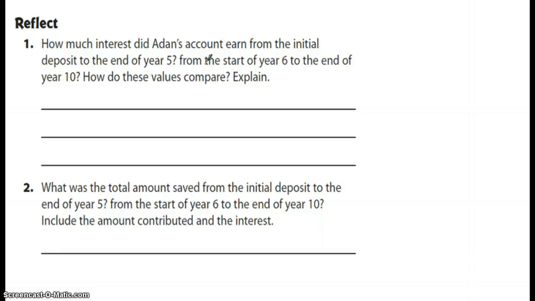So go back to your table and take a look at those figures, and then how do they compare, and explain. And then also take a look at question 2. It says, what was the total amount saved from the initial deposit to the end of year 5, from the start of year 6 to the end of year 10, and include the amount that was put in and the interest.